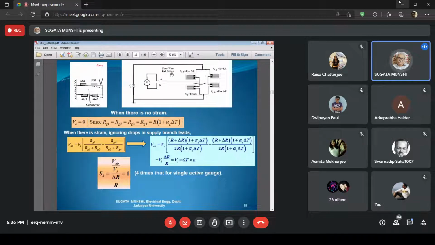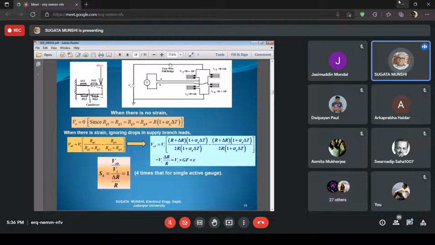But you require a connecting cable. Why? Because you have to supply this Wheatstone bridge from some voltage source at the control room. And the output signal has to be taken to some voltage measuring device or plotter. All right. Now with these four gauges, what is ensured? The lead resistances, the connecting wire resistances, don't get inserted into the bridge arms.